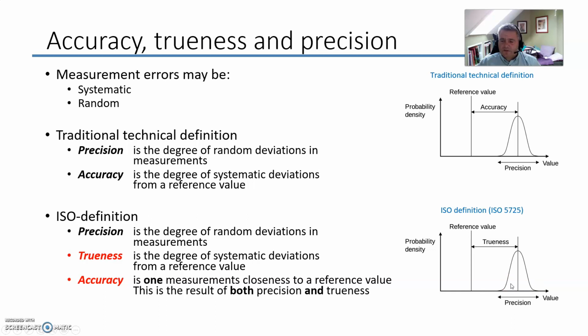It's the result of two things, the trueness and the precision. On the y-axis here, you have the probability density, that is, how probable it is to find your measurement somewhere along the line. So the accuracy, important, is one measurement's closeness to a reference value, and it's the result of both the trueness and the precision.